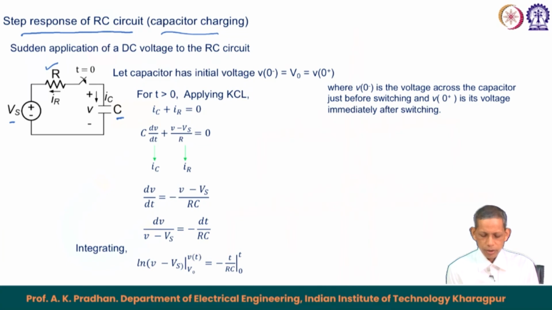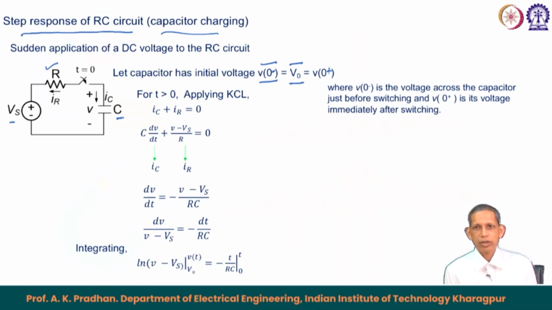So, let the capacitor, as earlier also, have an initial voltage equals to V naught, and we express them as V 0 minus equals V 0 plus. It means that because we say capacitor voltage cannot change instantaneously, dV by dt cannot be infinity, as discussed from the very beginning.